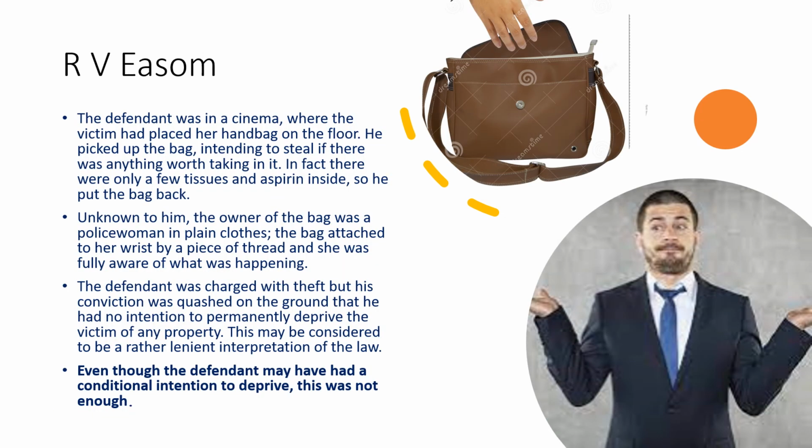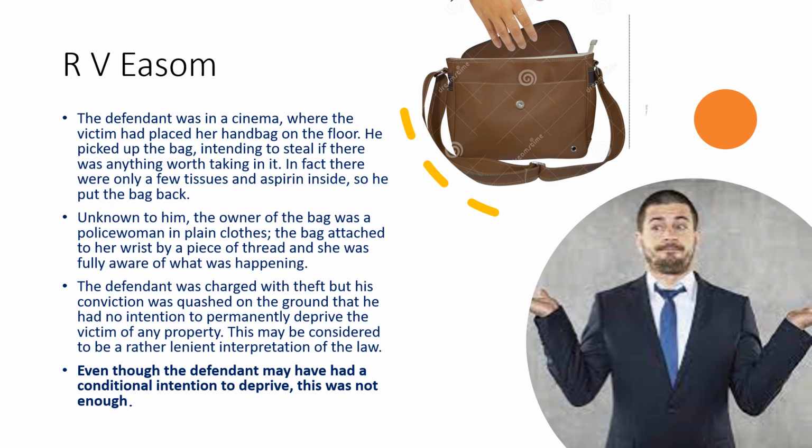And then we have the case of Easom. In this case, the defendant was in a cinema where the victim had placed a handbag on the floor. He picked up the bag, intending to steal if there was anything worth taking. In fact, there were only a few tissues and aspirin inside, so he put the bag back. Unknown to him, the owner of the bag was a policewoman in plain clothes, with the bag attached to her wrist by a piece of thread, and she was fully aware of what was happening.